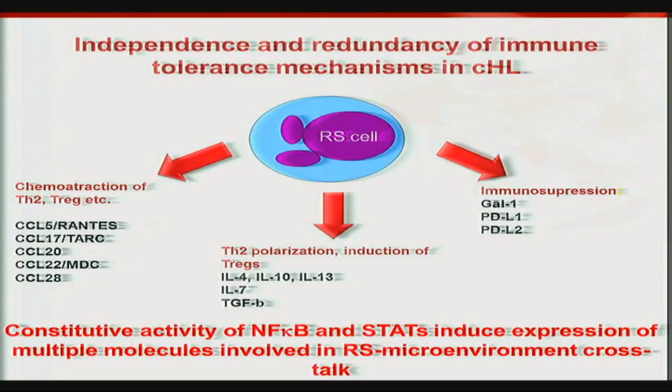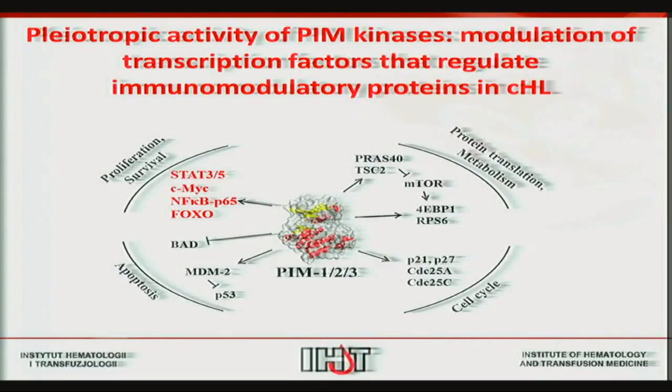So, another question. What is the upstream regulatory mechanism that could control both of these transcription factors and that would be targetable? And then we identified PIM kinases, PIM1, PIM2, PIM3, oncogenic kinases that are responsible for many tumor-specific functions such as metabolism, protein translation, cell cycle, and control of apoptosis, but they also regulate oncogenic transcription factors, including STAT3 and NF-kappa B, but also c-Myc and FOXO.